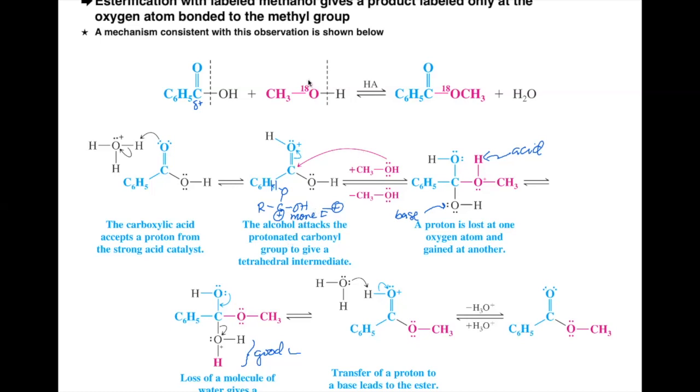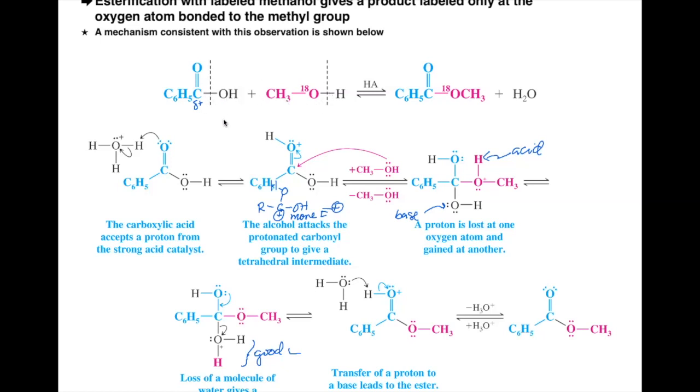Okay. So if we label this oxygen with an isotopic form, di ba ang oxygen usually oxygen 16. So this is oxygen 18. So isotope ng oxygen. Lumalabas, this oxygen is the one attached to the carbonyl. So ibig sabihin, ito ang napuputol, siyang nagiging leaving group.